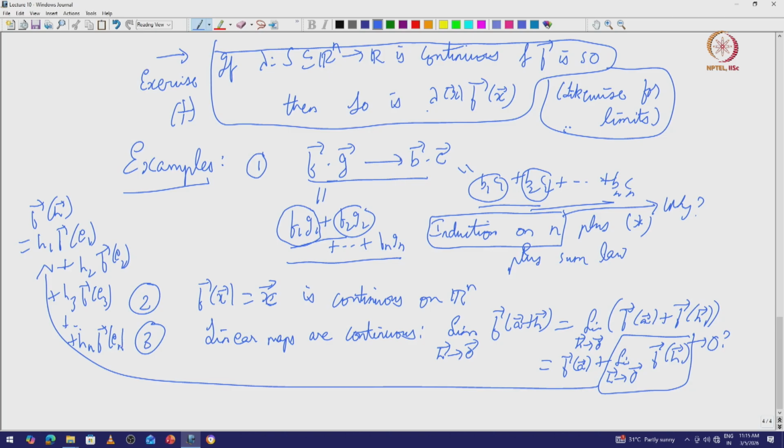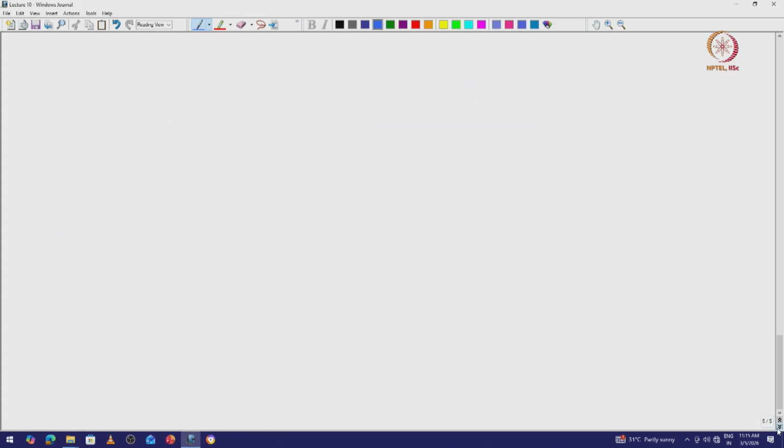And happily enough, this goes to 0. Why? This is a one variable function. Likewise, this goes to 0 and so on. So by the sum laws of limits, this is 0. And therefore, linear maps are continuous.